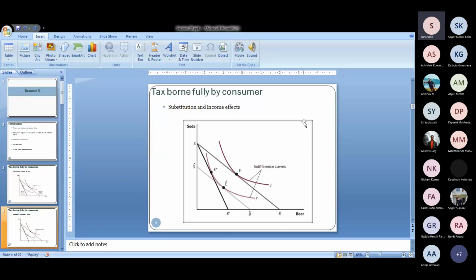First thing first, what types of tax do we have? And let's connect it to the Hicksian decomposition theory you have learned in our microeconomics. So the Hicksian decomposition theory will say, okay, let's concentrate on SB prime and this indifference curve giving the utility level I prime and this new equilibrium E star.